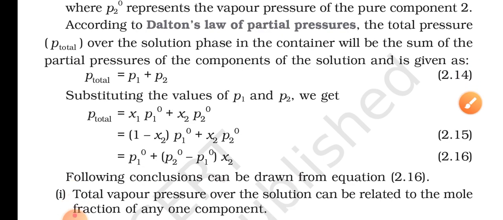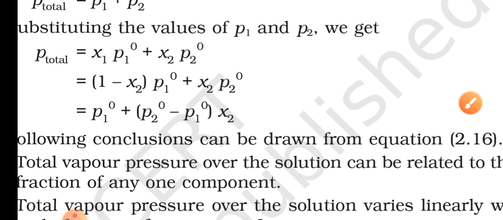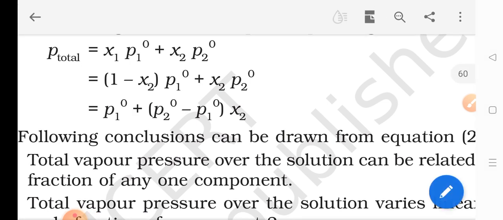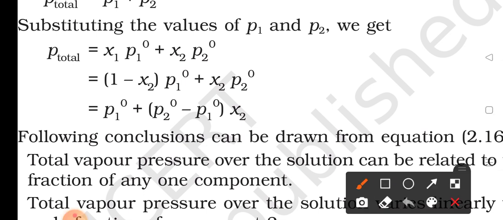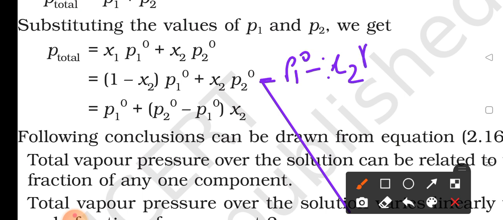If you have any trouble, I'll try to write this out for you. Here it equals P1 naught minus x2 P1 naught plus x2 P2 naught.